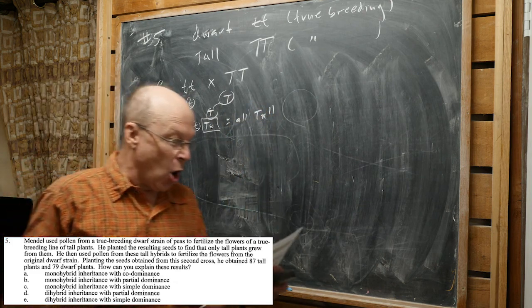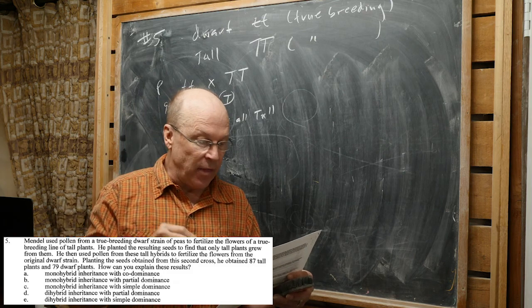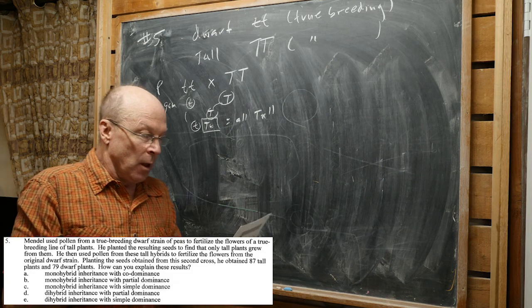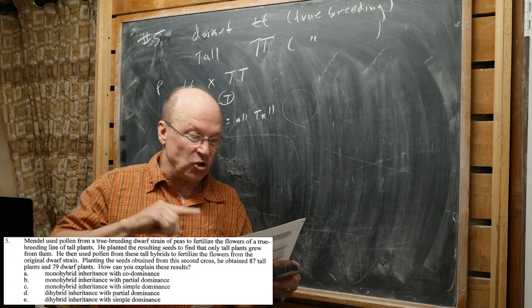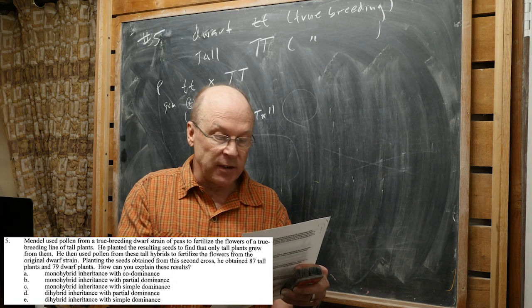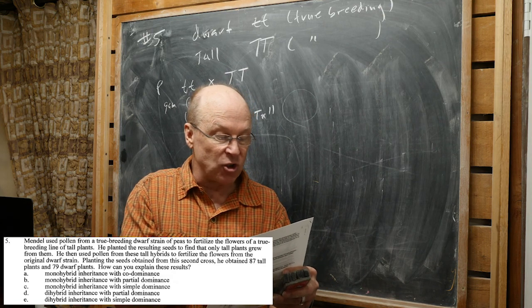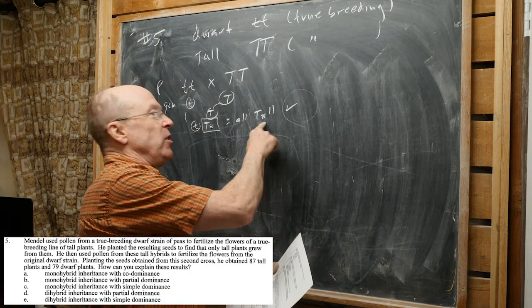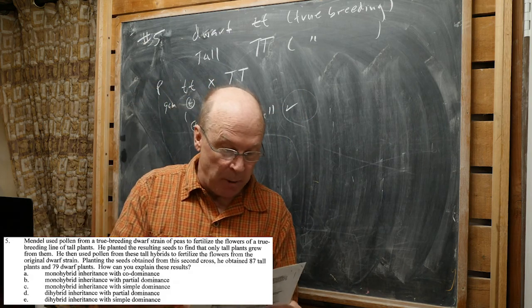And then we're going to go on here. He planted the resulting seeds. So these are seeds. They just indicate what I've already put on the board. He planted the resulting seeds to find that only tall plants grew from them. Check. Because the only way that you see tall is to actually plant the seeds and grow them up.